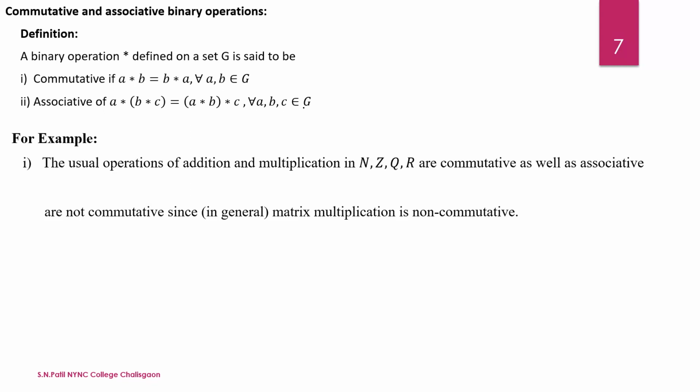For example, the usual operations of addition and multiplication in the set of natural numbers, integers, rationals and reals are commutative as well as associative.